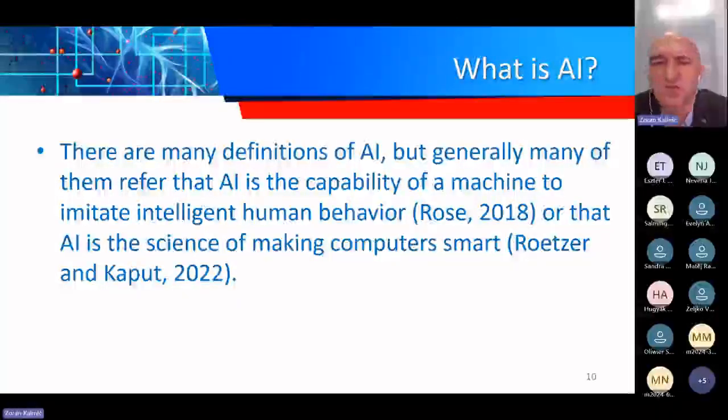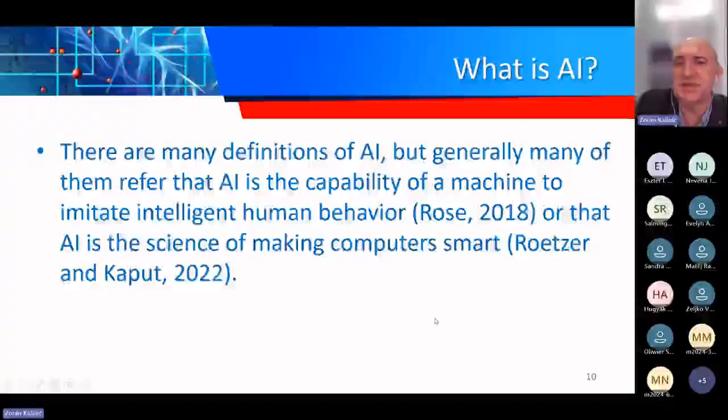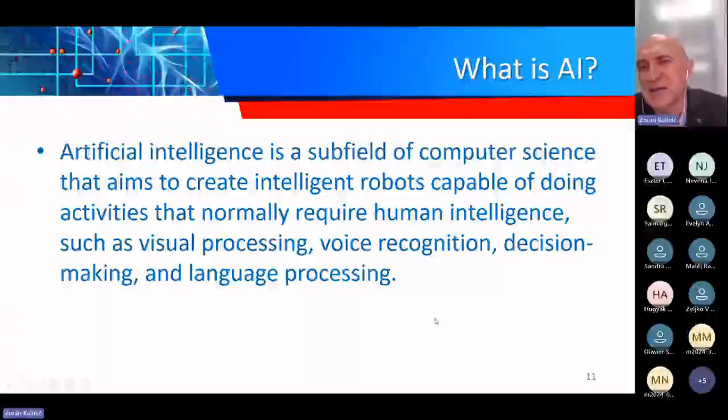create a machine, which is actually a computer with software, which can do almost everything that a human could do, or even better. Artificial intelligence generally is a part of computer science, and generally the aim of this scientific method is to create intelligent software and computers that are capable of doing everything that a human would do.